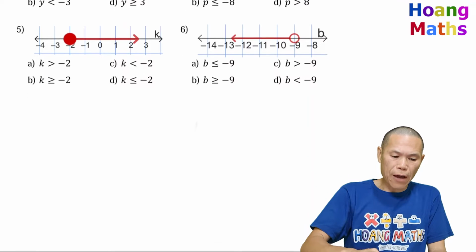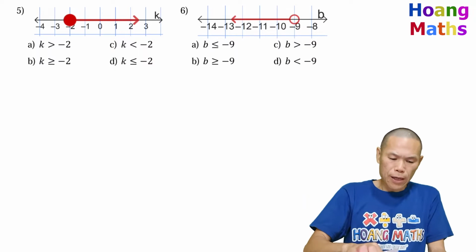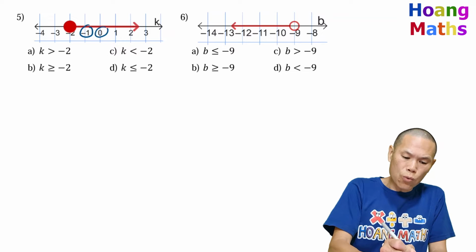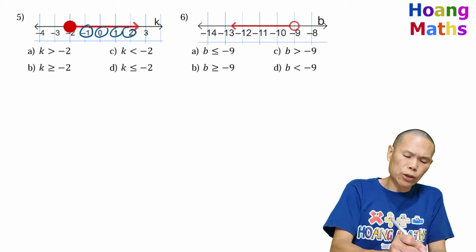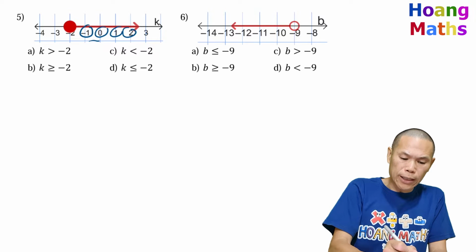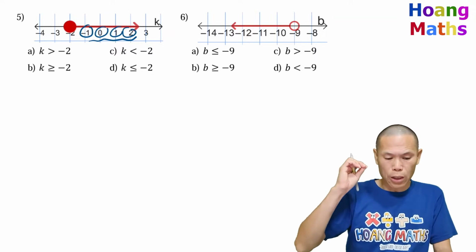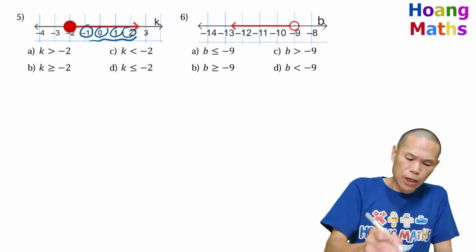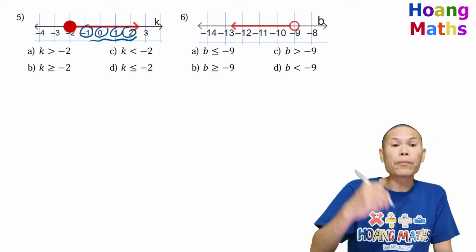Now, question number 5. So we have -1, 0, 1, 2, 3, and so on. So that means we start from -2. And these numbers are greater than -2, right? But because the circle is being filled up, or colored, this means including -2.